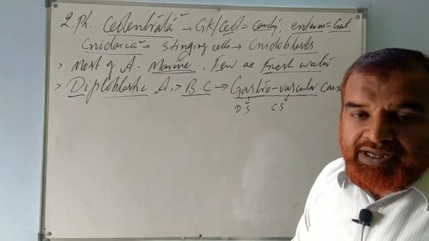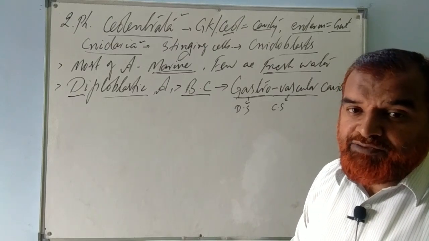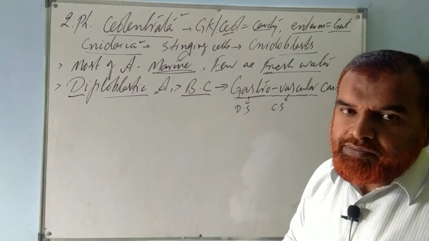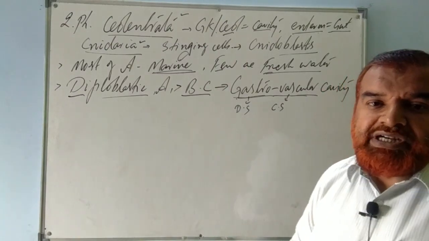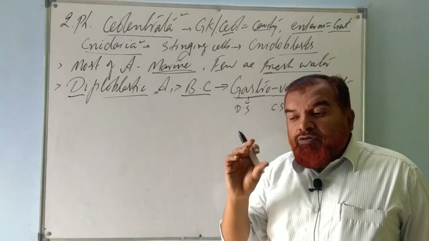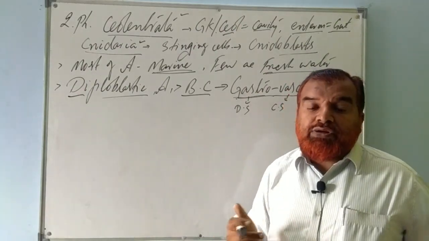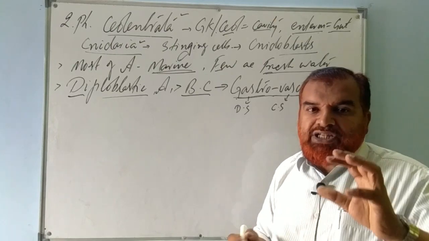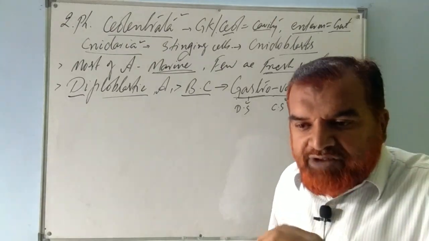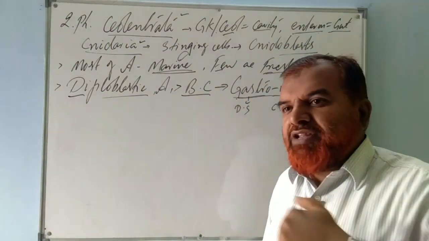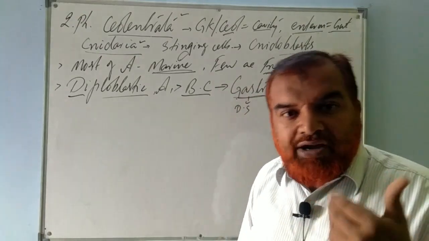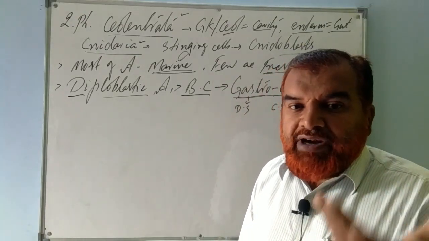In plants also you come across vascular bundles, xylem and phloem, which conduct water and food respectively. So wherever vascular comes, vascular tissue, vascular bundles, vascular system, it refers to circulation, whether the flow of food or water or blood.